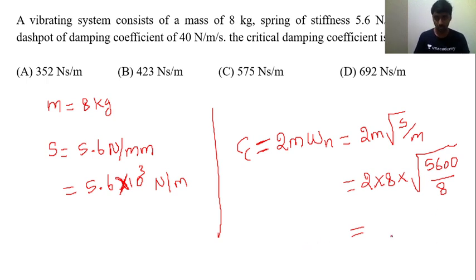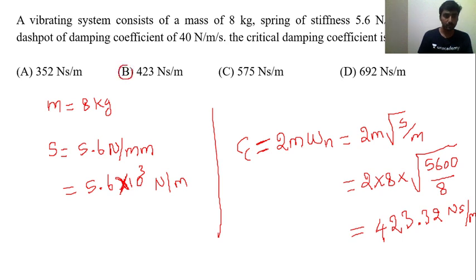The answer is 423.32 Newton second per meter. Now from this equation, the correct answer is option B. Option B is the correct answer for the given question.